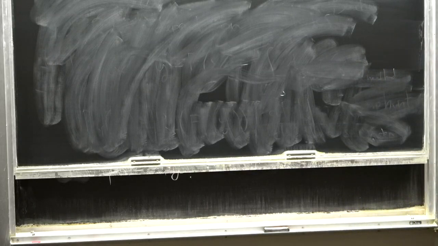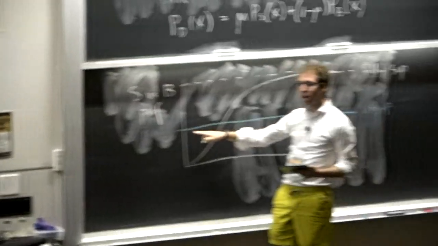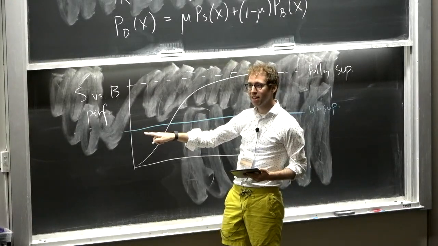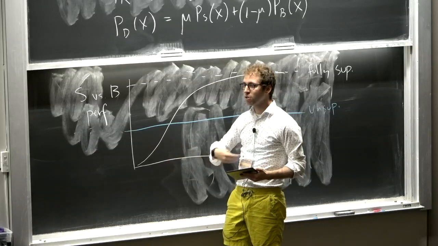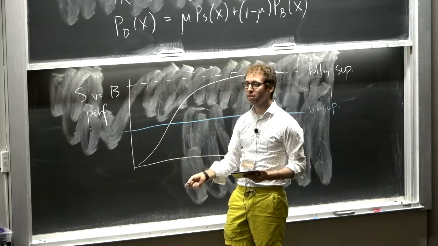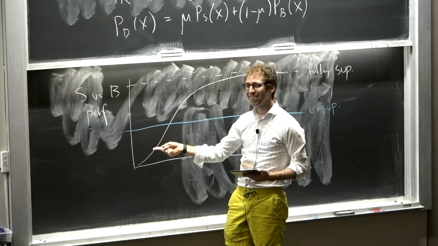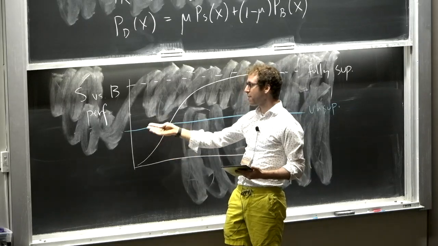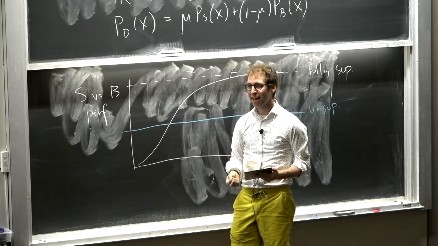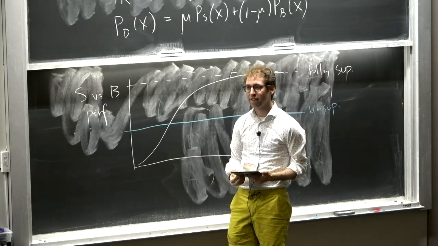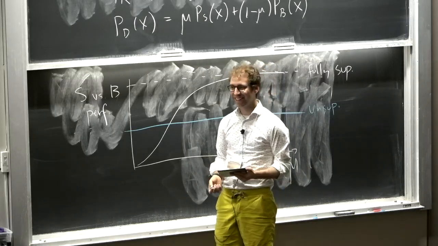For instance, down here at mu equals 0, this has some non-zero performance, but that performance may not be actually useful in practice. If you have zero signal, even though your autoencoder has some non-trivial performance, you still won't find it. So there's a question about whether this performance is good enough to find it, and that's a question you could ask for a given signal. In general, I can't tell you.